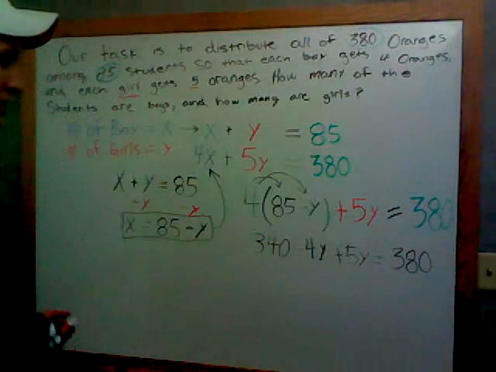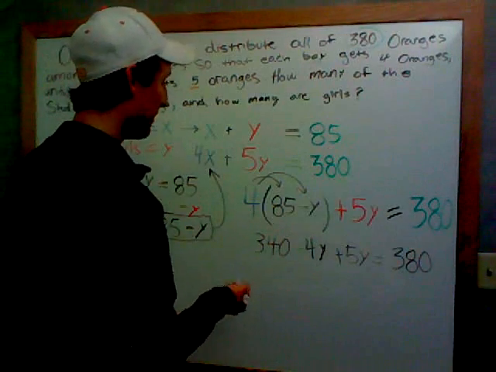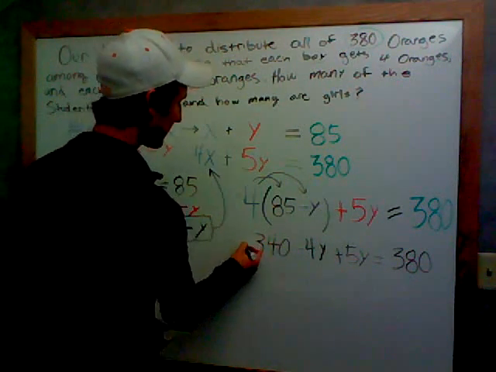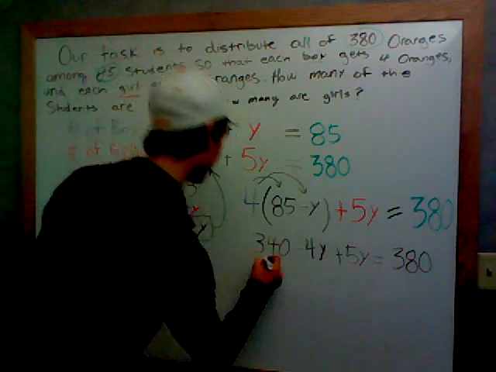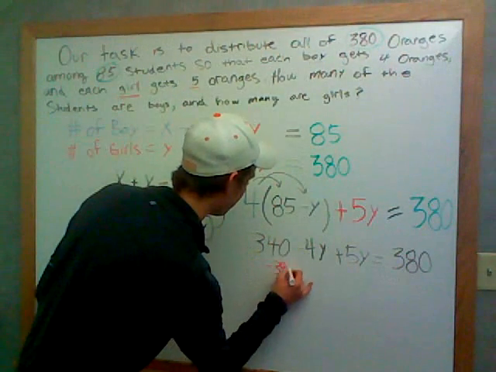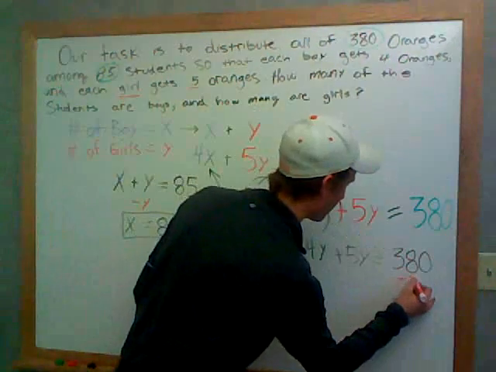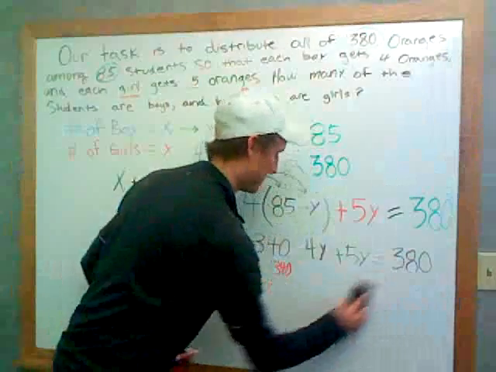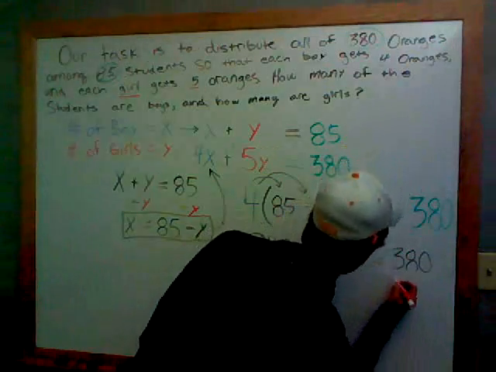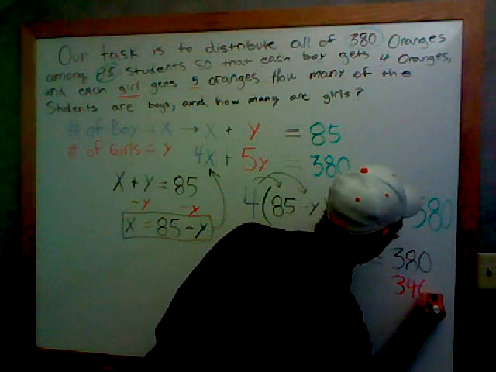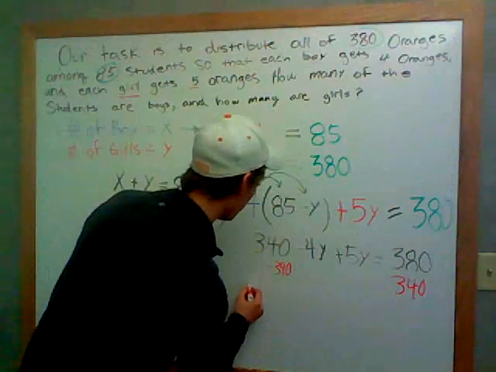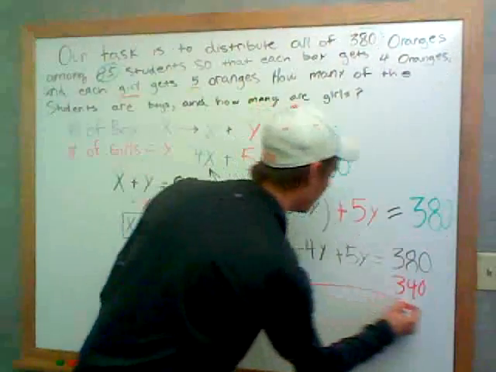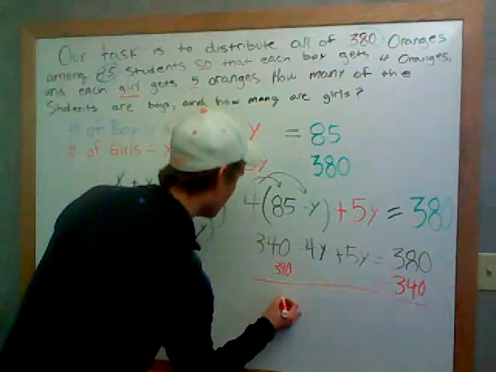Now that we're at that point, we just combine like terms and solve for y. So we're going to subtract 340 from each side. We'll do one step at a time here. So that's going to equal 40.